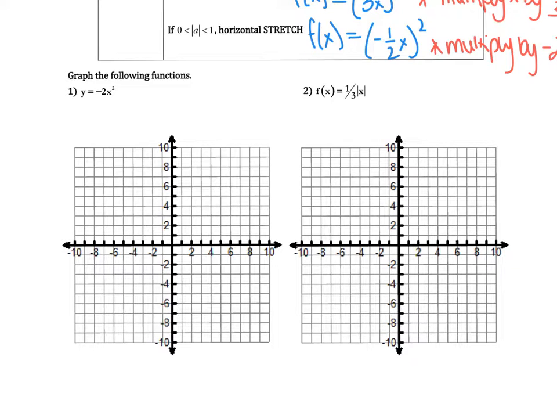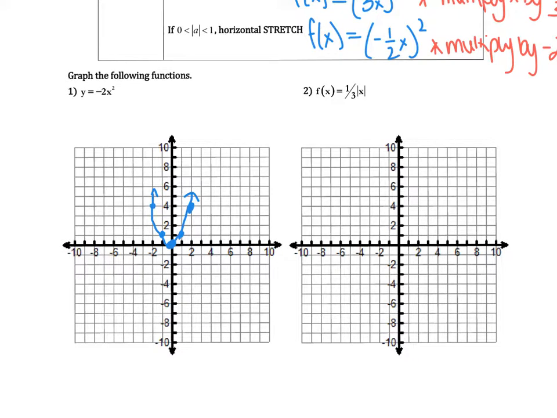Okay, so our parent function is the parabola. Okay, and you don't need to draw the parent function every time. I just think for some people it helps. Okay, so if you can do this without drawing the parent function, you're fine. So all of my y values are going to separate by 2, okay?